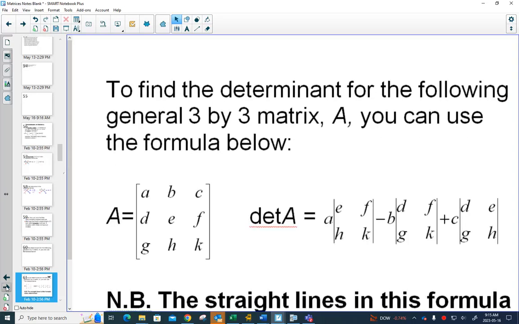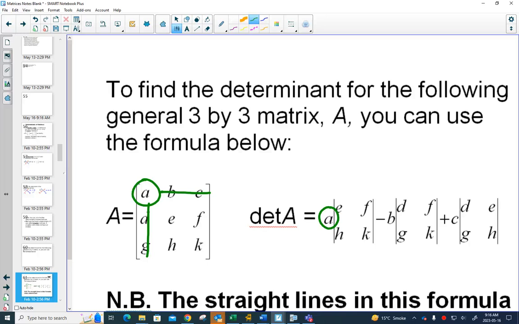Okay. How do you like that formula for the determinant of a 3 by 3 matrix? Basically, what you're going to do in this formula is you start with A, cancel out everything in its row and column, and multiply it by the determinant of what is left.